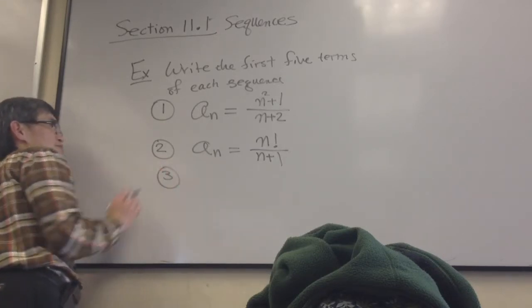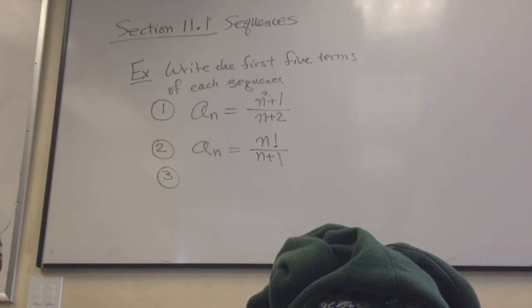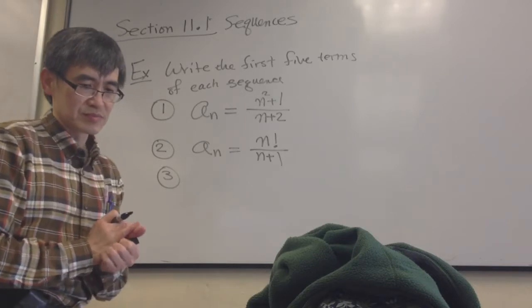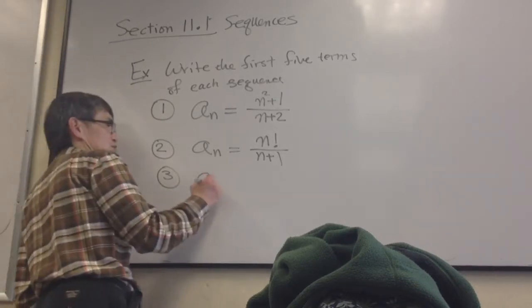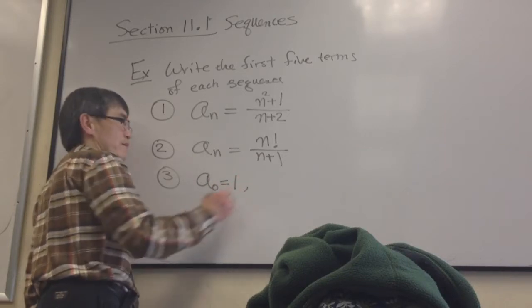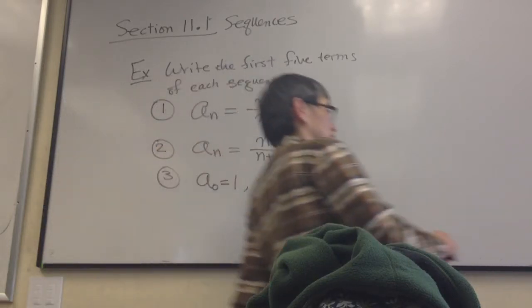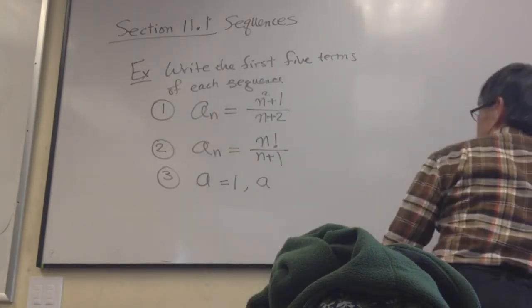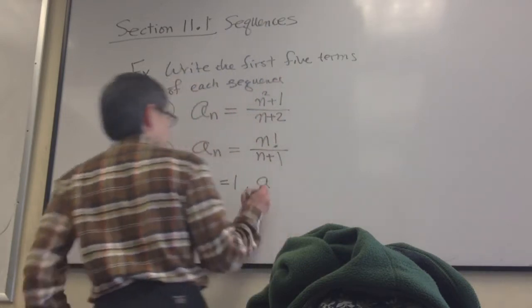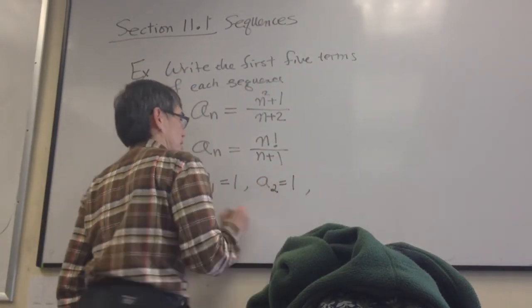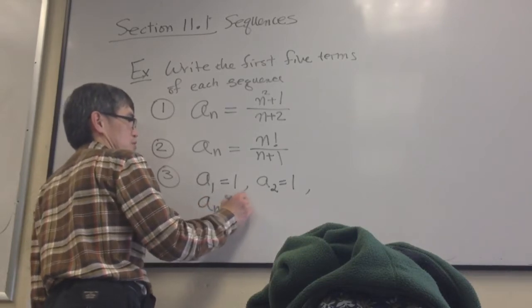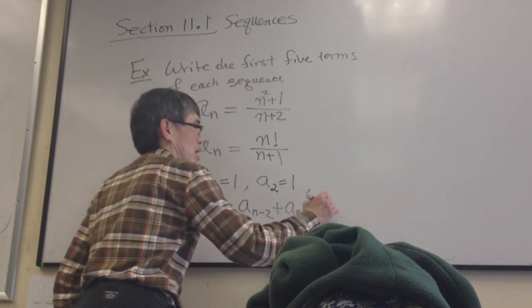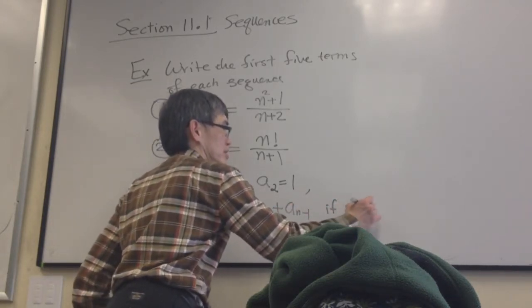Number 3: a1 is equal to 1, a2 is equal to 1, and an is equal to an minus 2 plus an minus 1 if n is greater than or equal to 3.